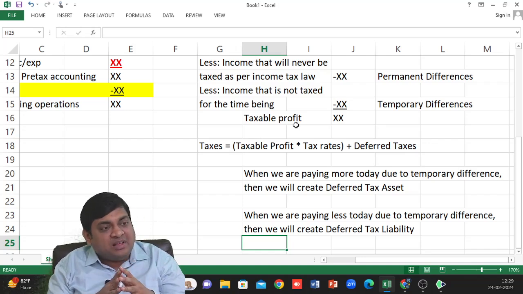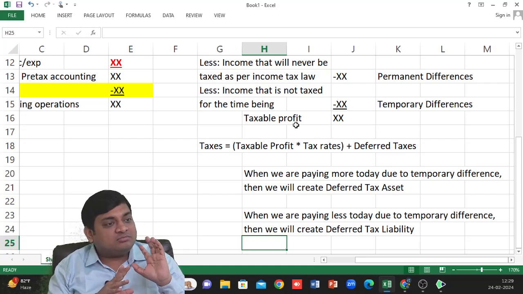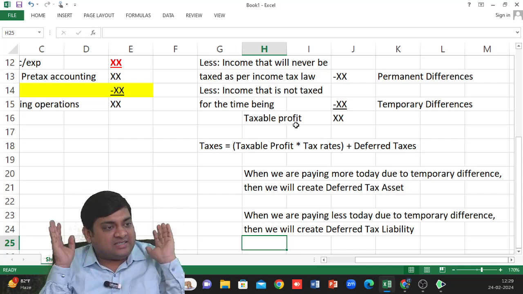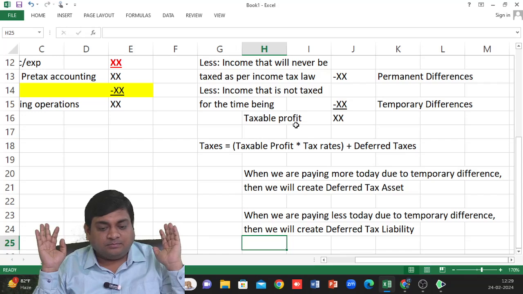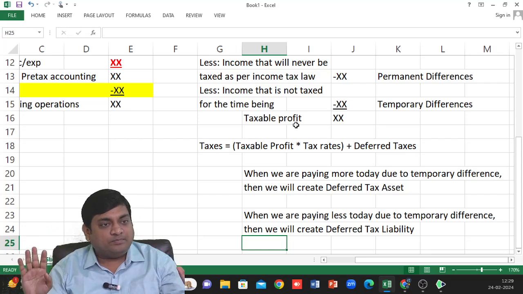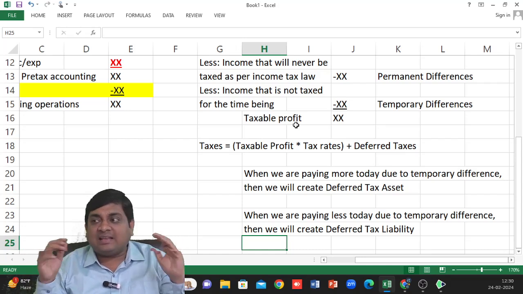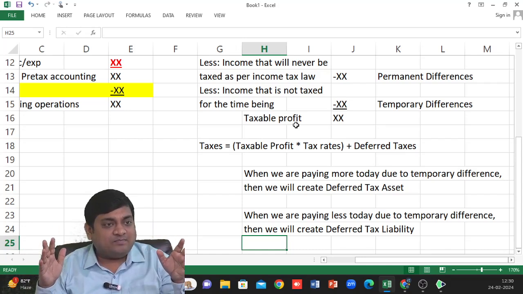Due to permanent difference, my future tax liability won't change, whatever change has taken place in the current tax. Is it okay? So when I prepare pre-tax accounting profit, I consider all income, all expenses.